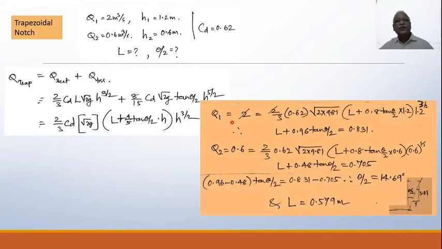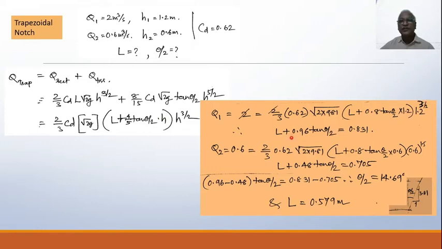Okay, Q1, the first data, substituting in this: 2 is equal to 2 by 3 into CD 0.62, root 2 g, into bracket L plus 4 by 5, which is 0.8, tan theta by 2, theta we don't know, the H is 1.2, into 1.2 raised to 3 by 2.